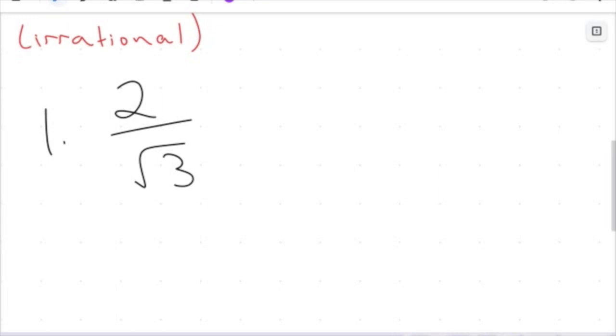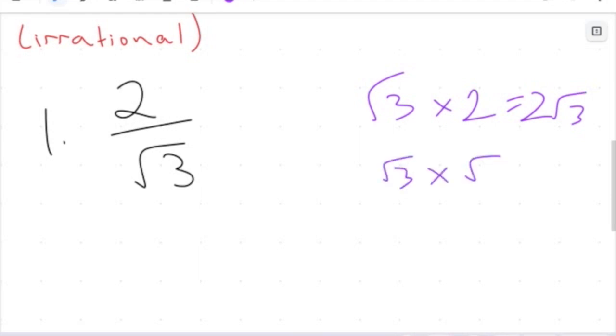So if we tried a few things, root 3 times 2, for example, that gives us 2 root 3. That's still a surd. Root 3 times root 8 gives us root 24, still a surd.